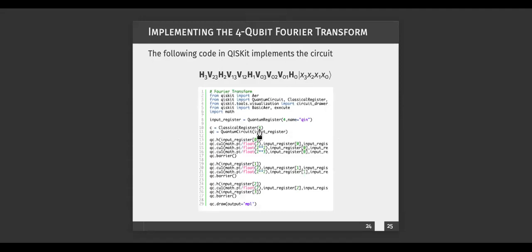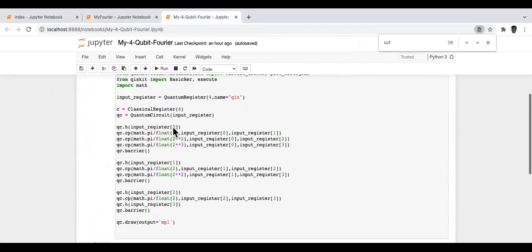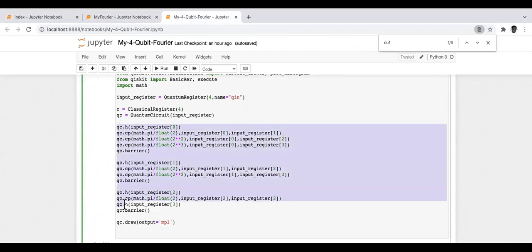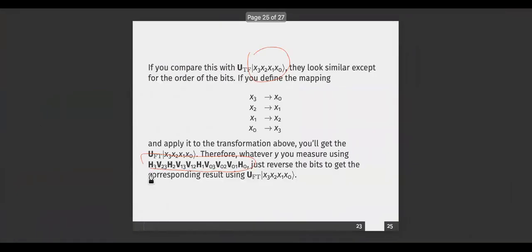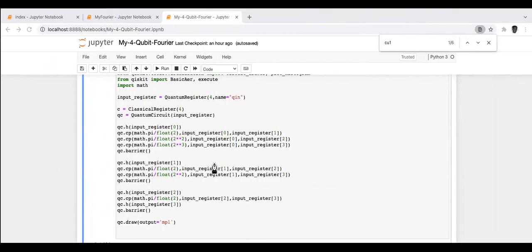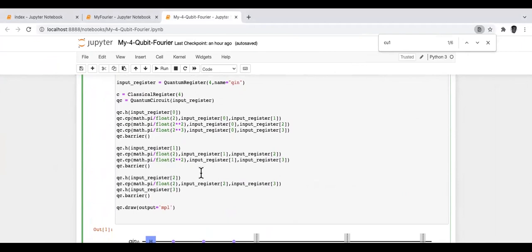Okay, this is the code in Qiskit. This is nothing but all this here: H0, V01, V02, V03, H1, V12, V13. This is how you transcribe it.